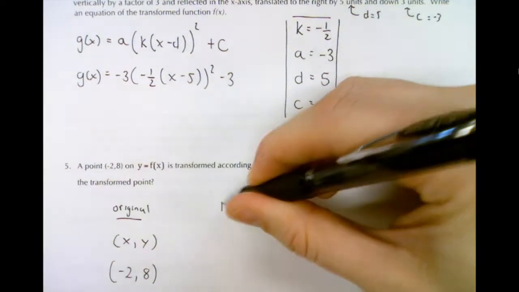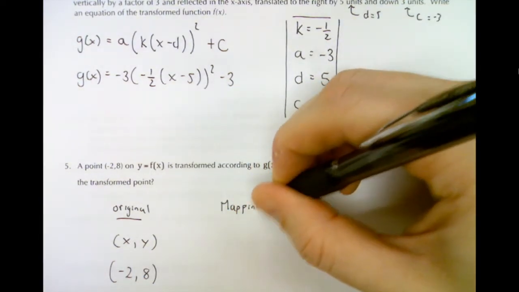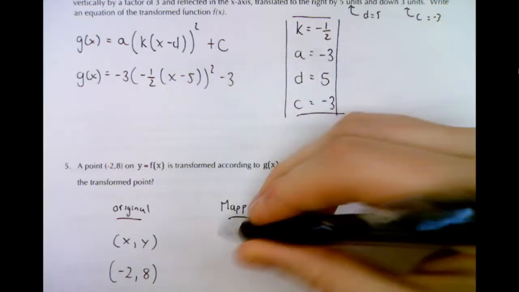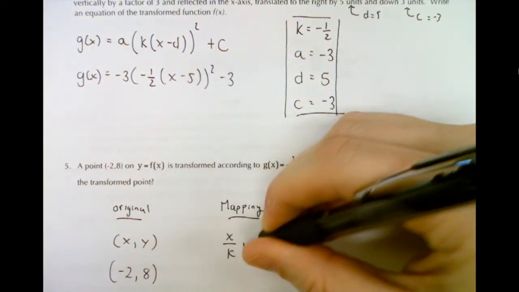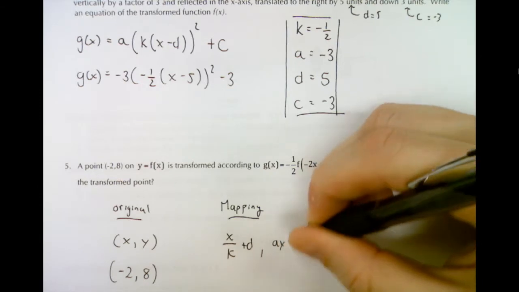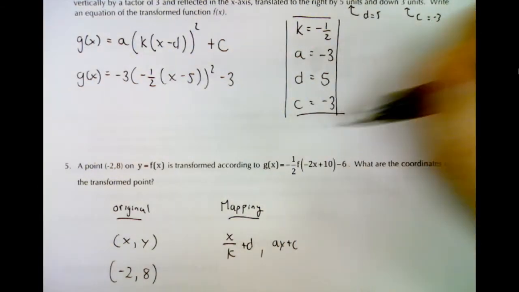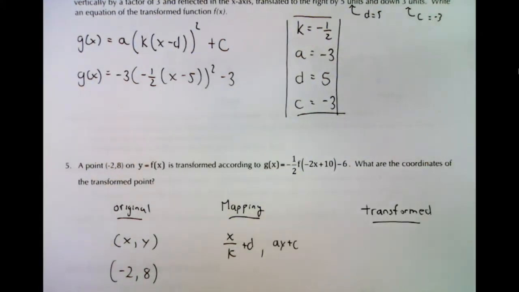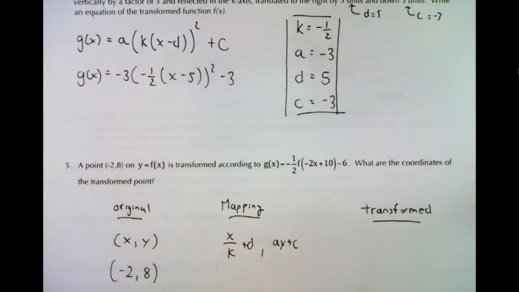And then we have to create a mapping notation, which is x over k plus d and ay plus c. So from an equation, we need to be able to pick out a, k, c, and d. And we want to come up with the coordinates of a transformed point. So let's see if we can do that.